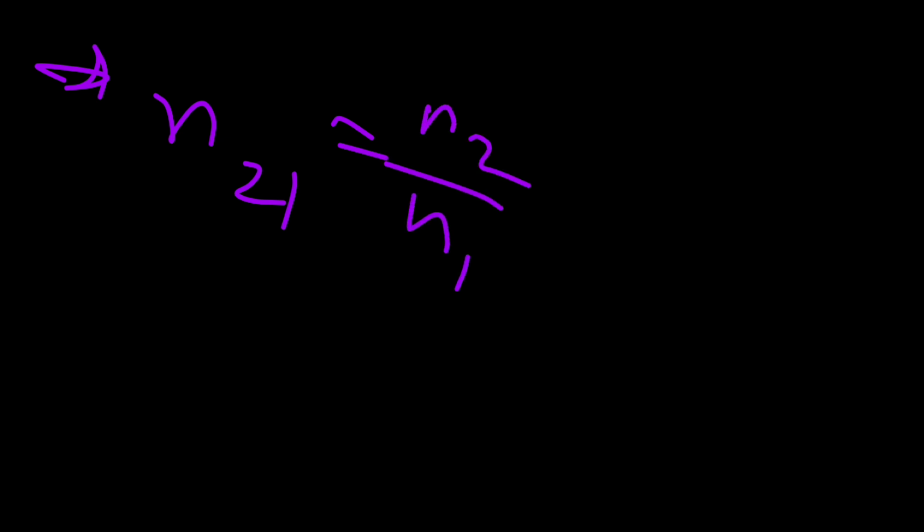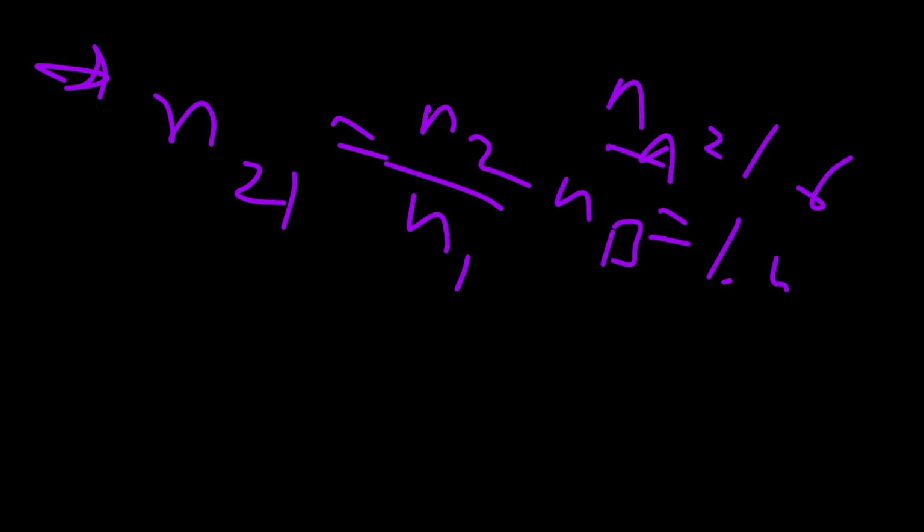Okay, let's understand the relation between absolute and relative refractive index. For two mediums, it is N2 by N1. Let's say medium A is 1.6 and medium B is 1.4.